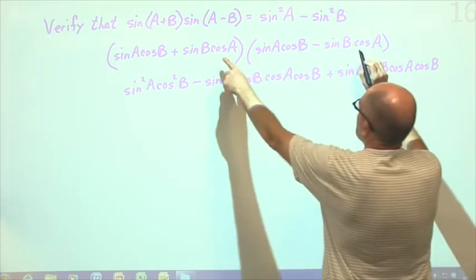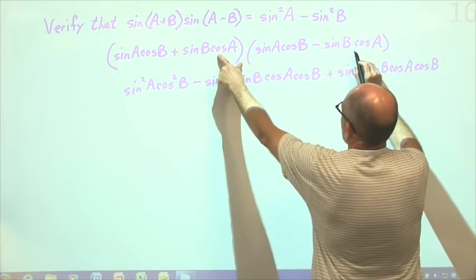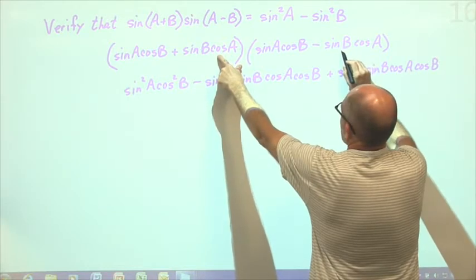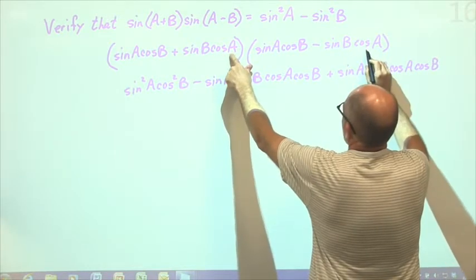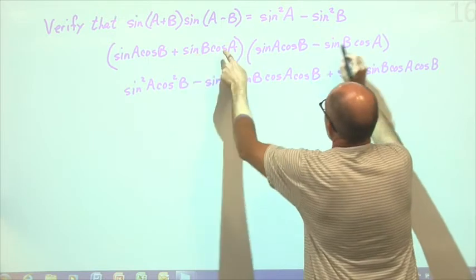And now I have the two end terms, sine B cosine A, cosine A. And notice there's a minus here.